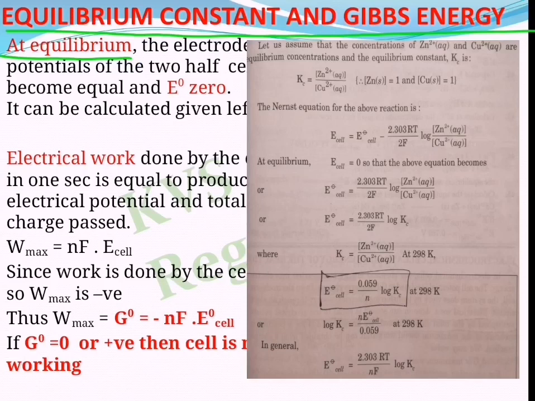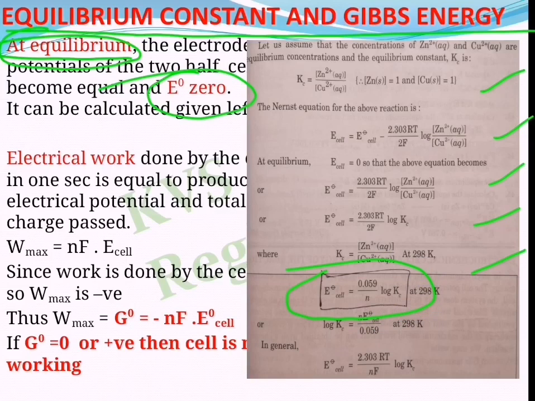Under that condition the cell is said to be in the state of equilibrium, and at equilibrium the E cell becomes 0. At that condition, when the cell reaches equilibrium, we carry out these equations and reach this formula.